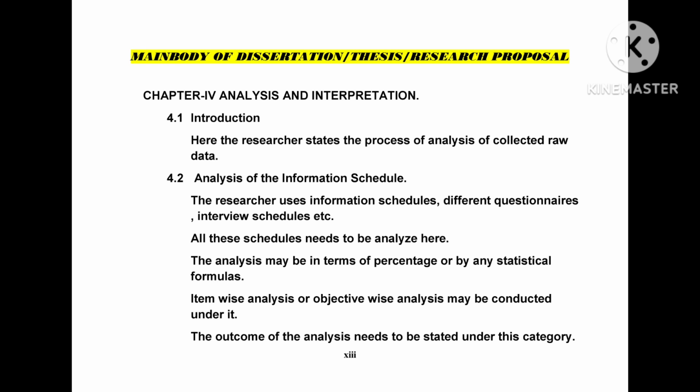Here under 4.1 we have to state the introduction. Here the researcher states the process of analysis of collected raw data. Then under 4.2, analysis of the information schedule. Here in this research an information schedule was used, so here the information schedule is analyzed.